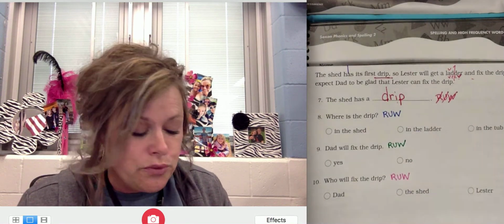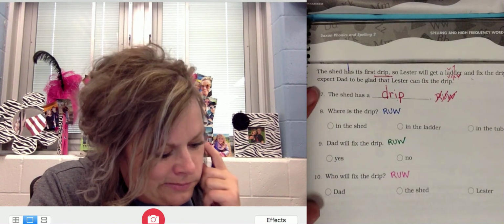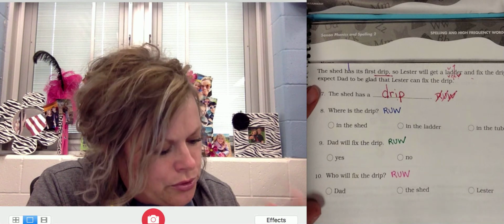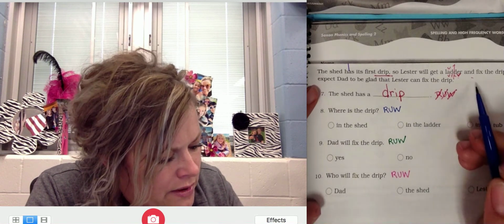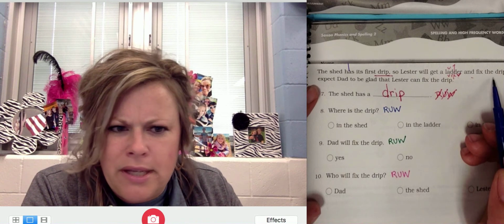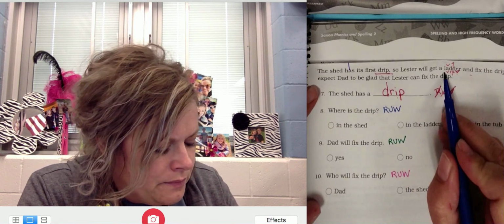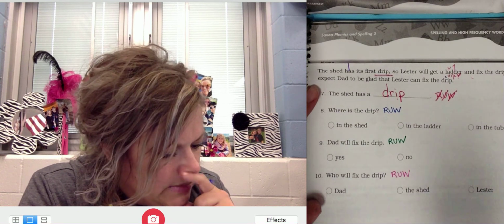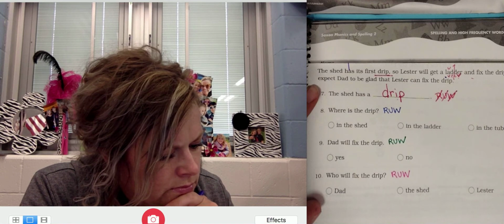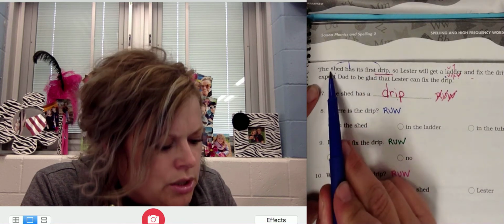Where is the drip? I have to go back and look at this. The shed has its first drip, so Lester will get a ladder and fix the drip. It doesn't say where the drip is, but I do have a clue. If you need a ladder, it must be high up. The first drip is in the shed.